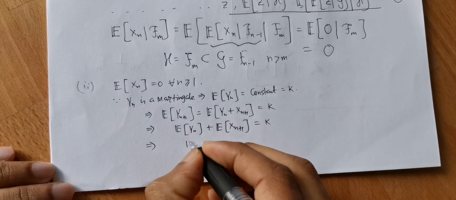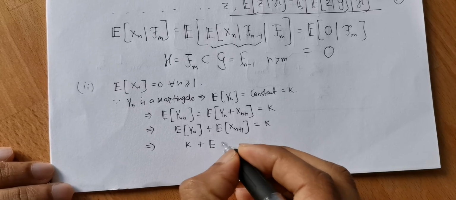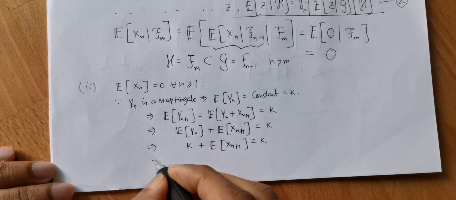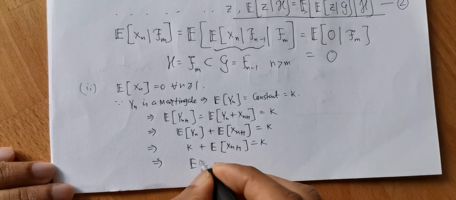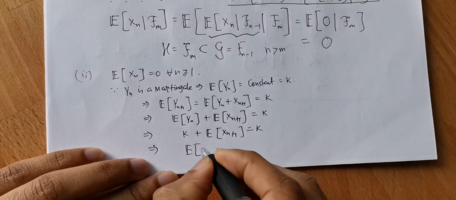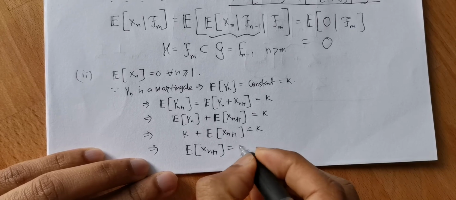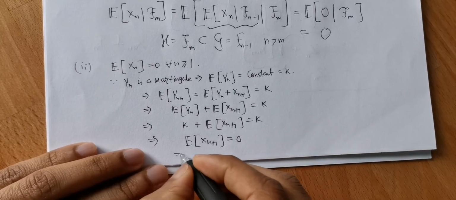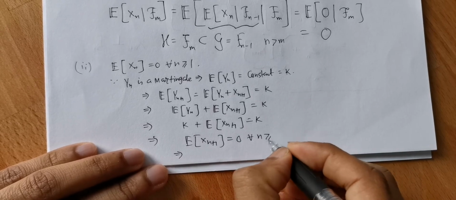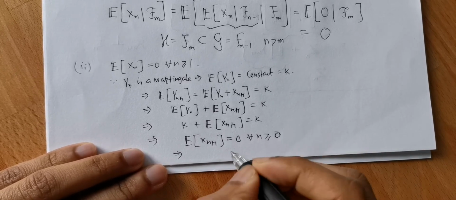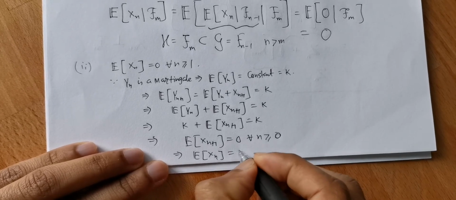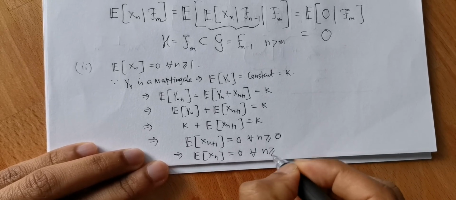Now this is constant, so the expected value of Xn+1 is equal to 0. So this means the expected value of Xn is equal to 0 for all n greater than or equal to 1.